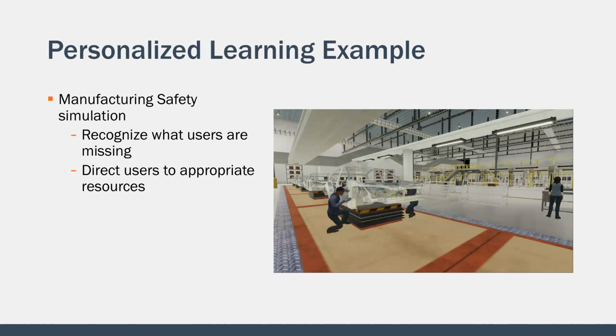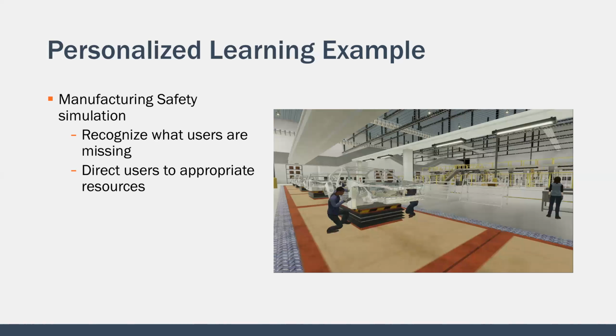And ways that we could enhance the simulation is we can have it so that it recognizes what hazards the students are missing and point them into the right direction on how to identify those specific hazards. So for instance, if they keep missing the machine guard hazards, the simulation could take them to the appropriate material for that.